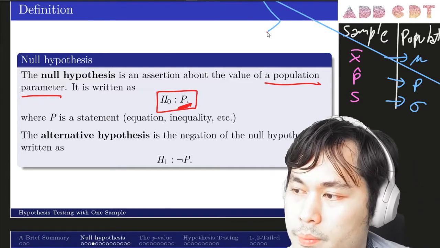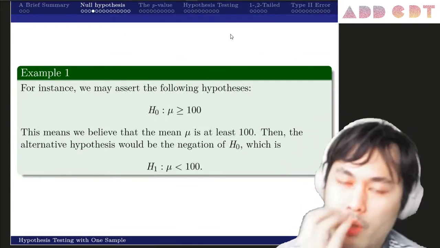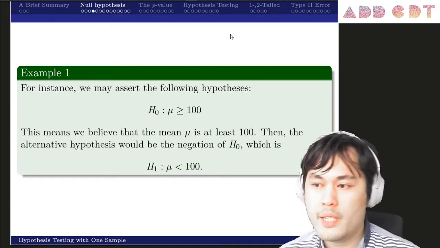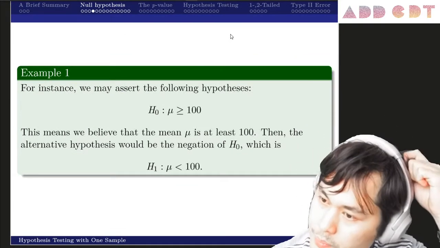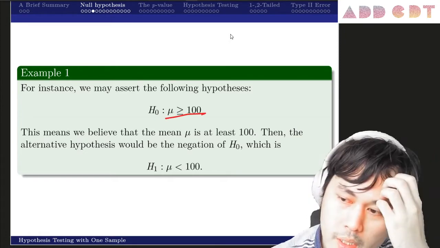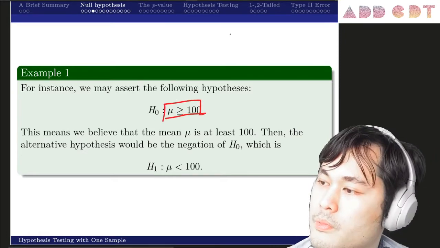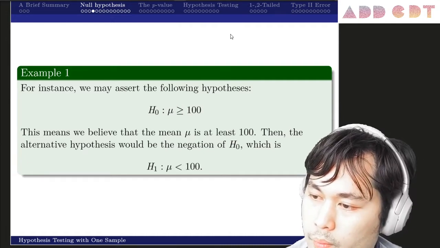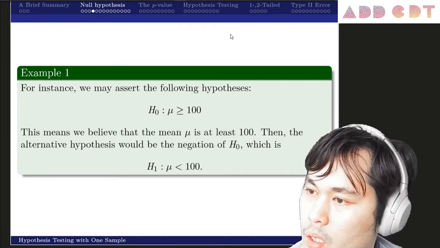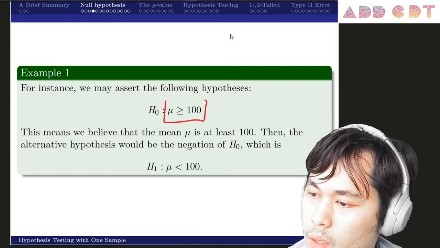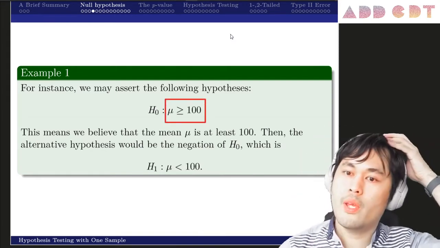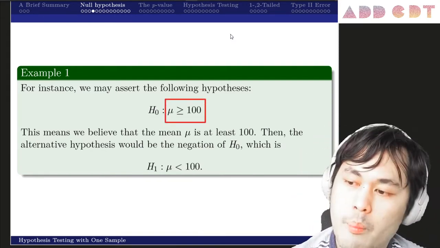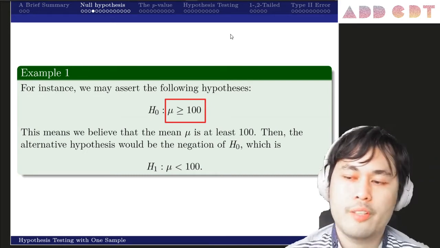For example, we may assume that this is true. We don't know yet, but we have to assume something at first. Here we are assuming that mu is at least 100.